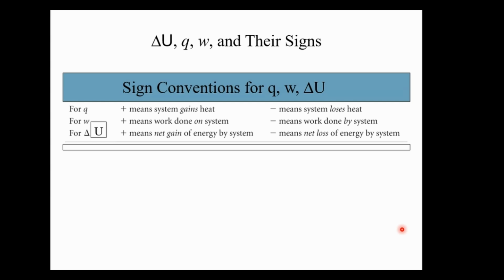When W is negative, work is done by the system. All right, so delta U equals Q plus W. There's a balance there. If we have a positive change in delta U, there was a net gain of energy by the system. If delta U is negative, we have a net loss of energy by the system.